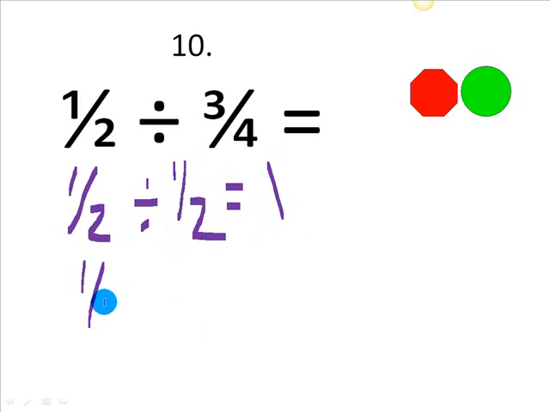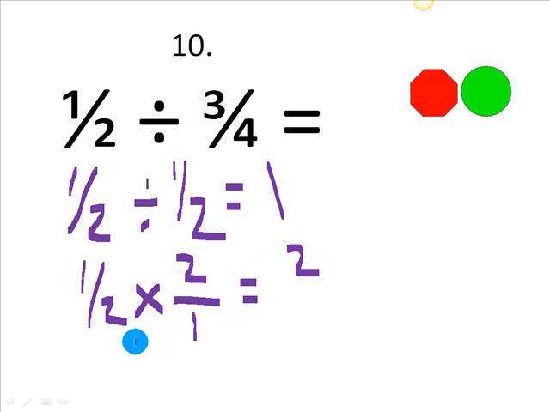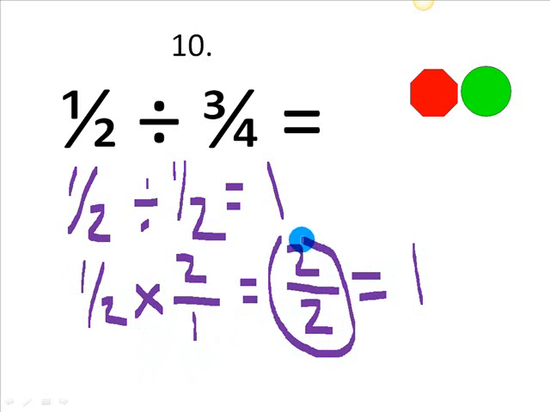I have 1/2 times, I flip over the 1/2 to be 2 over 1, and I wind up with 1 times 2 equals 2, and 2 times 1 equals 2, and any number over itself is exactly equal to 1, because what this really means right here is this is just 2 divided by 2, and 2 will go into 2 one time.